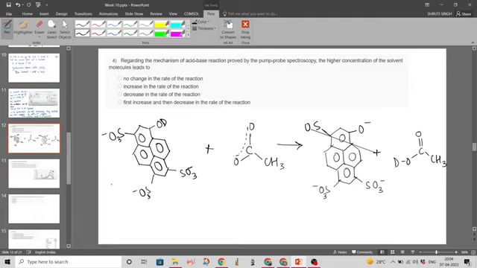Now deuterium, because it was easier to see signals with deuterium.